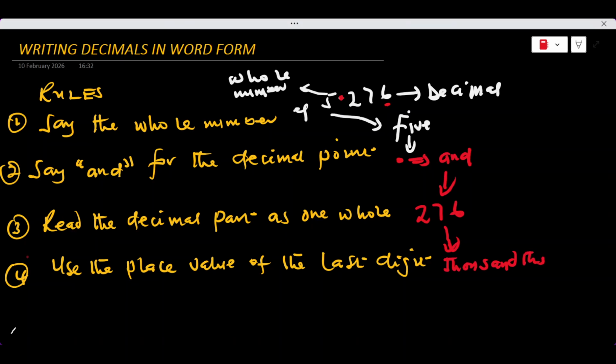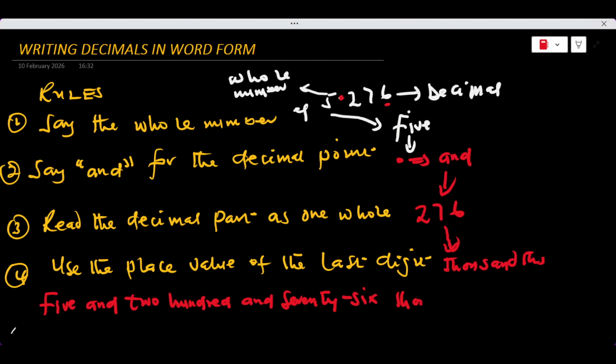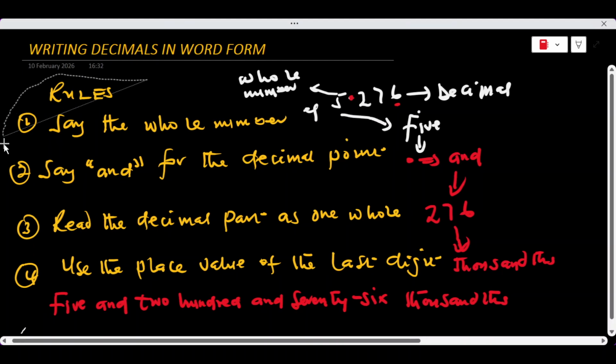So in writing 5.276 in word form, you write it as 5 and 276. Then you add the place value of the last digit, thousandths. I hope that is clear. All right, so let's dive in to look at some examples, and this will make it more clear.